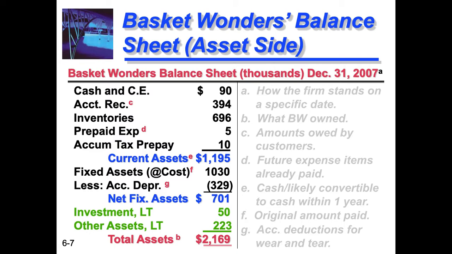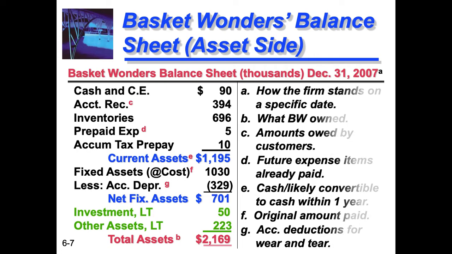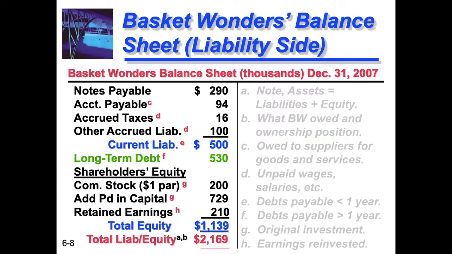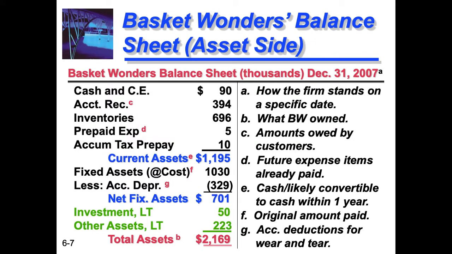This is just an example of a balance sheet. Now this is the explanation. For example, cash. Cash is how the firm stands on a specific date. This one is Basket Wonders' balance sheet. This is the explanation of how the firm stands on a specific date.